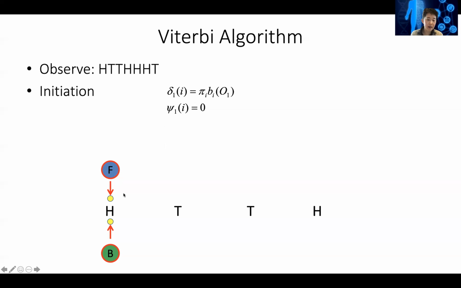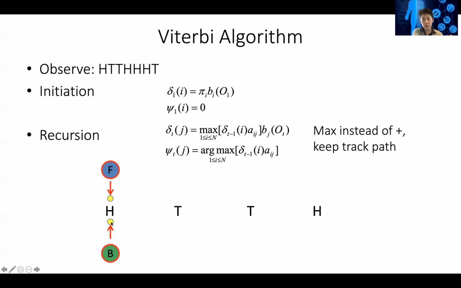These two multiplied together give you this delta number. We also look at the delta for the bias coin: you pick this coin to start with, and emit a head based on the bias coin's emission probability. So you keep track of this delta number.